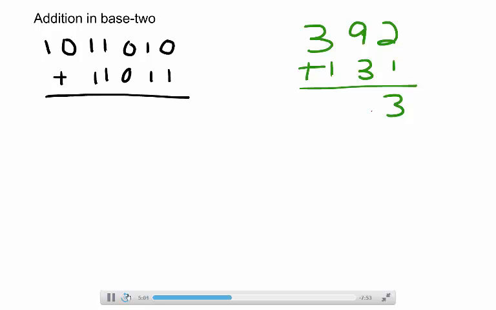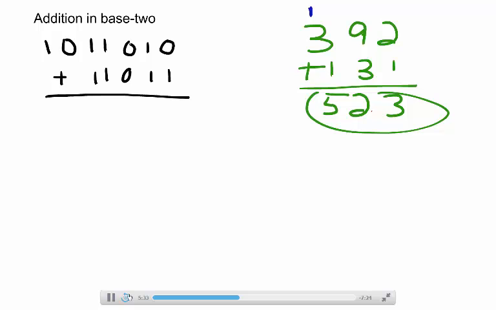And so what we do is we carry a 10, and we write the remainder 2. Then finally, we have 1, which is our carried 10. Now in the hundreds place, 1 plus 3 plus 1 equals 5. And so we know that 392 plus 131 is equal to 523.